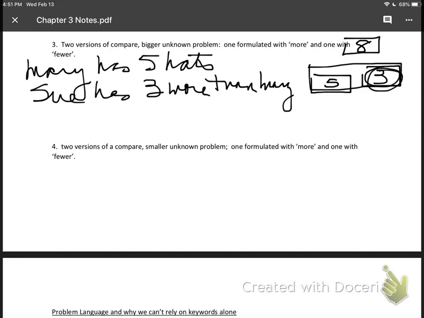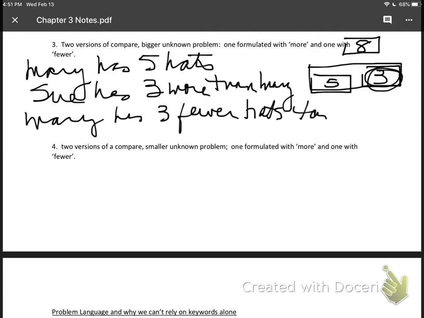So Sue has 3 more hats than Mary, or you can say that Mary has 3 fewer hats than Sue. Okay, so again in this situation, Mary has the 5, so Mary has less than Sue, or you can say Sue has more than Mary.